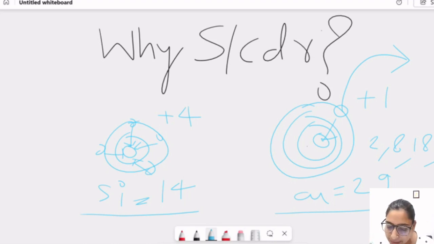Okay. Now the second thing here is the outermost orbit of silicon is the third shell: 1, 2, 3. The outermost shell is number 3, whereas in copper it is number 4: 1, 2, 3, 4.